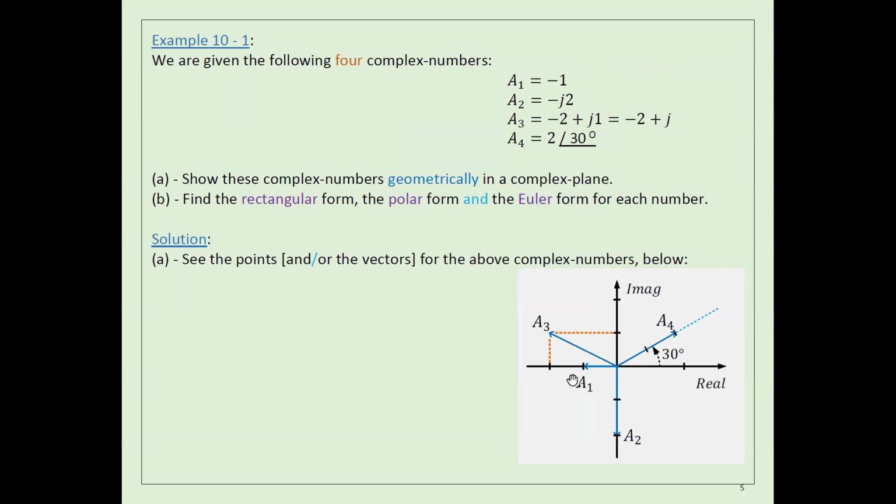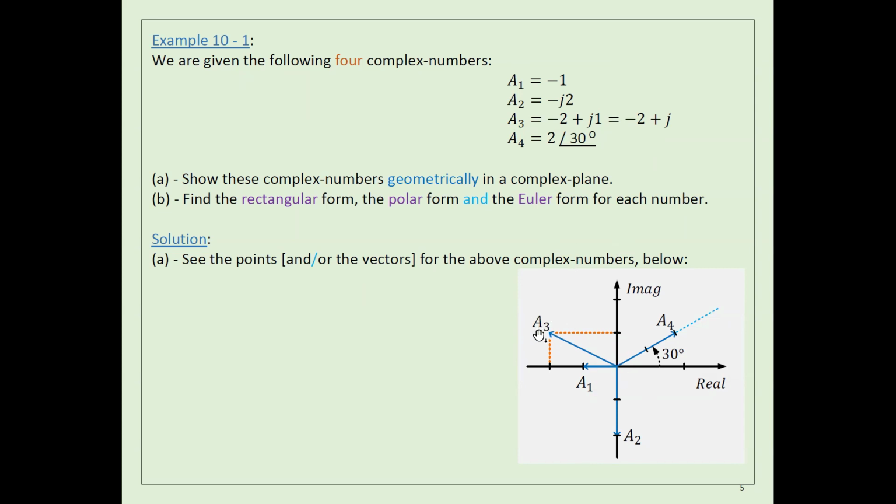So if I want to draw number one, A1 should be here. If it is negative j2, so A2, negative j2 is here, as you see. It only has the imaginary part, it doesn't have a real part. Let's look at the next one: negative 2 plus j1. So I come to negative 2, and then only 1, and this will give you A3.